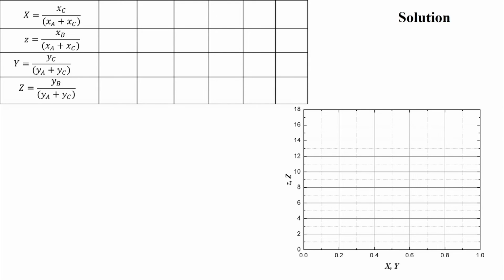So, this X value is equal to x c by x a plus x c. So, it will be 0 by 0.939, so it will be 0. Okay. For the second data point, x c is 0.0219 divided by 0.7327 plus 0.0219.